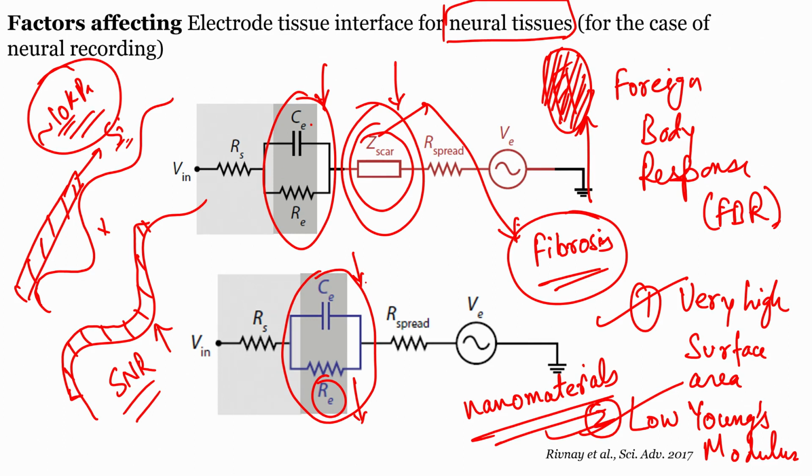Then we saw what are the factors by which the electrode tissue interface, specifically we took the case for neural tissues, can get affected, and what are the methods that can be used to develop devices which can mitigate the issues raised by conventional materials or biological responses when conventional materials are inserted in a brain and placed on a cortical surface.